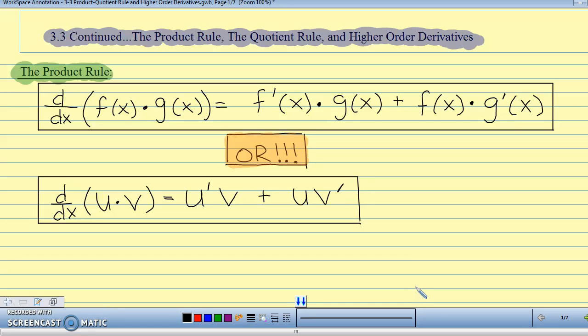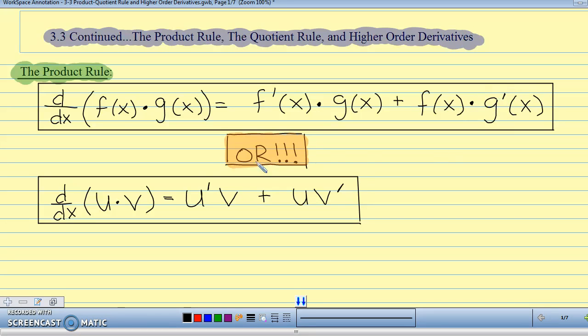That does not apply for the product of two functions. So here we have the product rule. If we have two functions, let's call them f and g, and they are being multiplied in a product, then the derivative is the derivative of f times the g function plus the f function times the derivative of g.